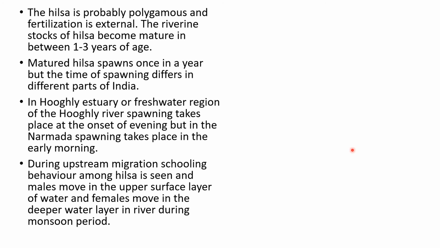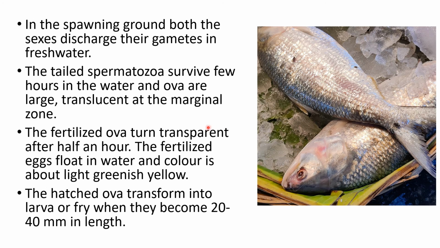During upstream migration, schooling behavior among Hilsa is seen, and males move in the upper surface layer of the water, and females move in the deeper water layer in the river during monsoon periods. In the spawning ground, both the sexes discharge their gametes in fresh water.